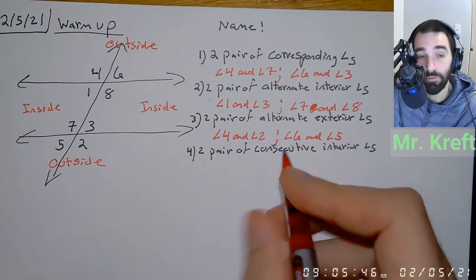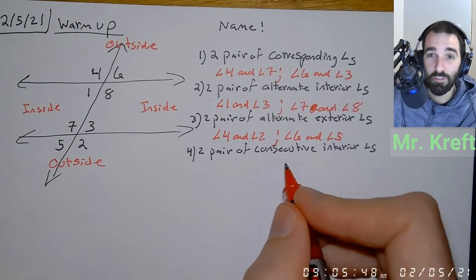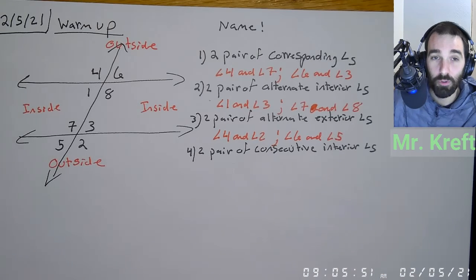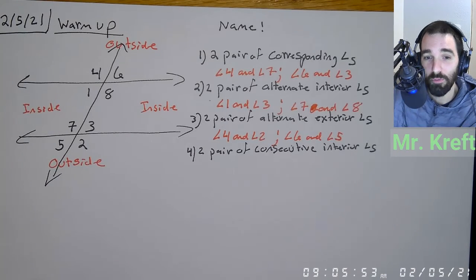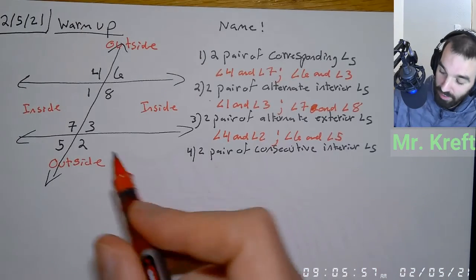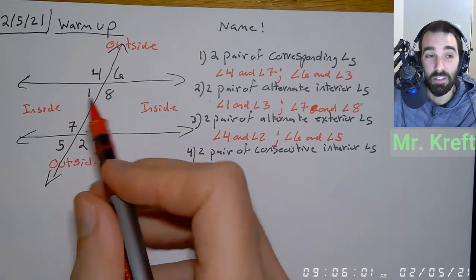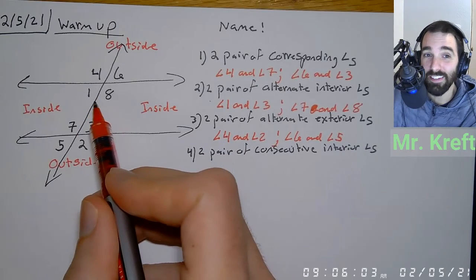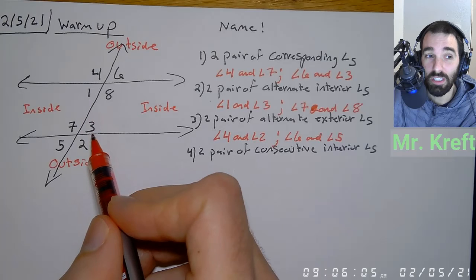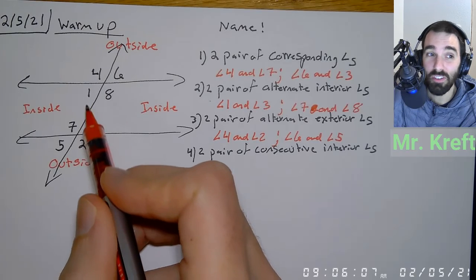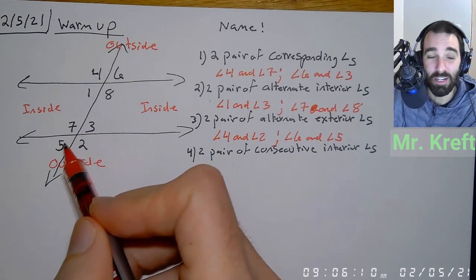Now, for this next one, consecutive means one right after another. For example, the numbers 1, 2, 3, 4 are consecutive numbers, right? And interior, we're on the inside. Well, you can actually get these by process of elimination. 1 and 8 is a linear pair. 1 and 3 are alternate interior, which only leaves 1 and 7, right?